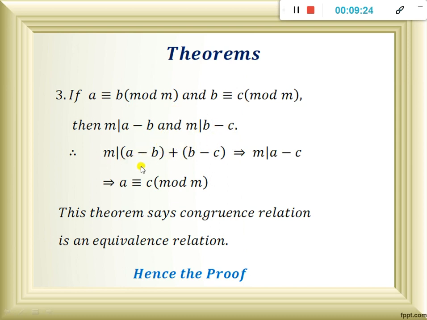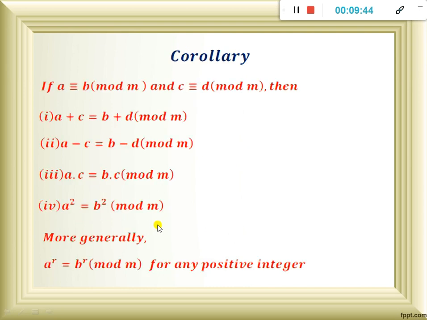So after cancelling this B, we get A minus C. Whenever M divides A minus C, the symbolic form of this is A is congruent to C mod M. So transitive is also existing. So this theorem says the congruence relation is an equivalence relation. So this is the proof of the above theorem.